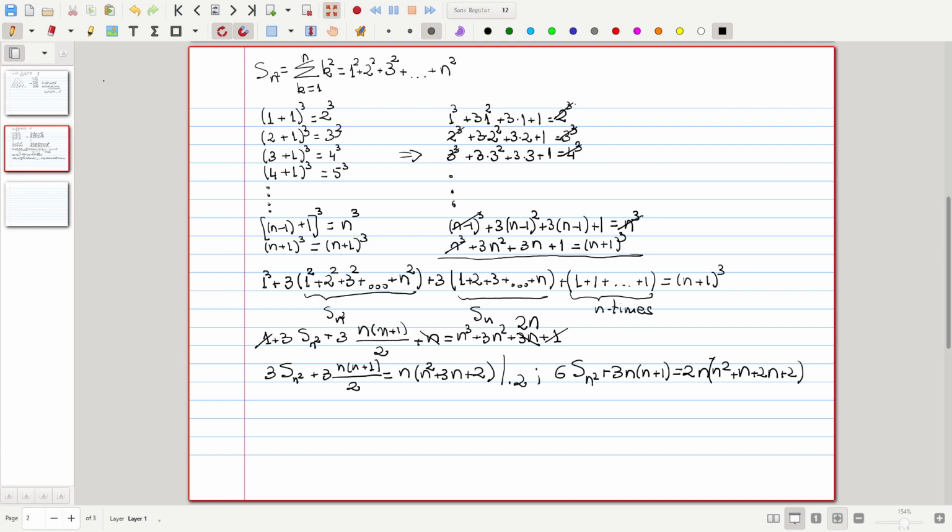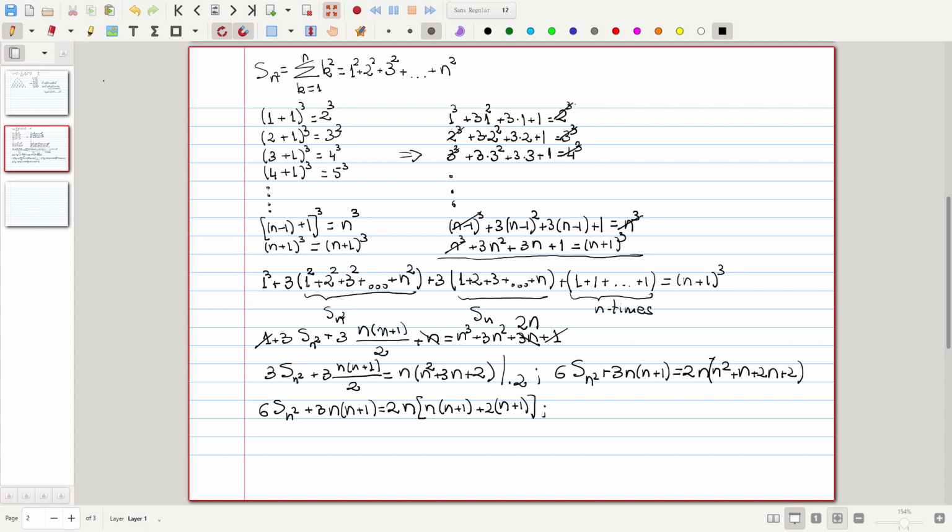So I split 3n equal to n plus 2n, and I will have 6 Sn squared plus 3n(n plus 1) equal to 2n multiplied by n times (n plus 1) plus 2 multiplied by (n plus 1).